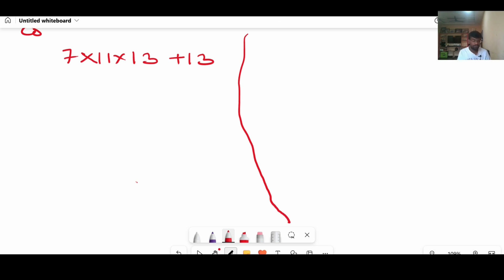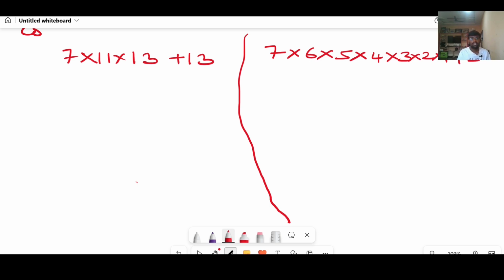Second one, 7 into 6 into 5 into 4 into 3 into 2 into 1 plus 5. We need to explain why these two are not prime numbers.